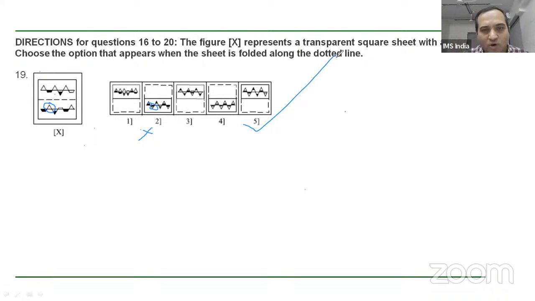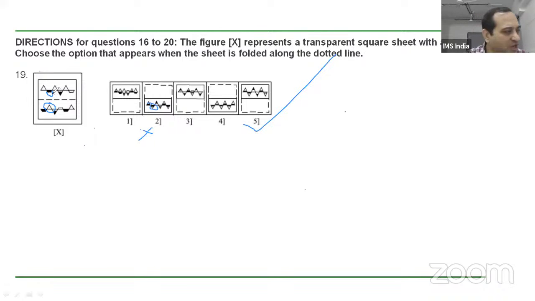See, guys, there is one more very important thing that you should realize in this question. If I fold on the top, alternate triangles are on the top. And here also, the triangle that I have circled will come here and it will come down.